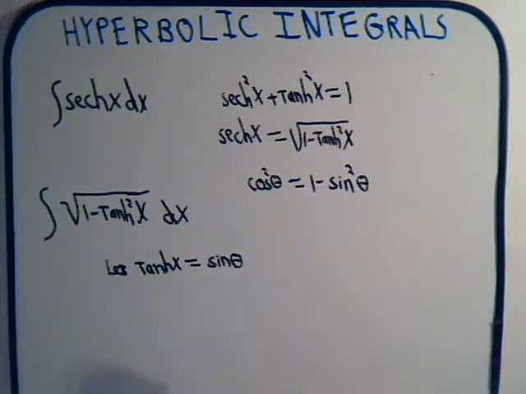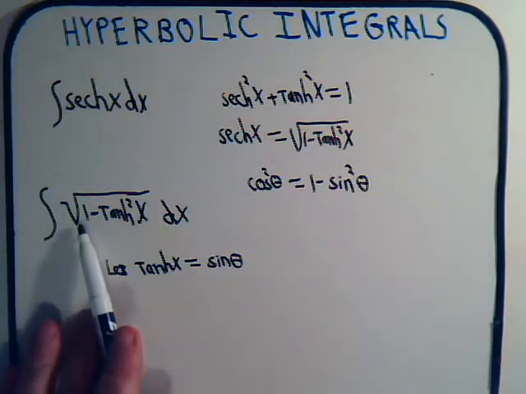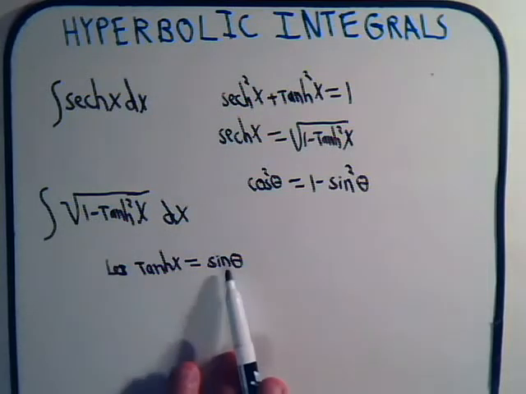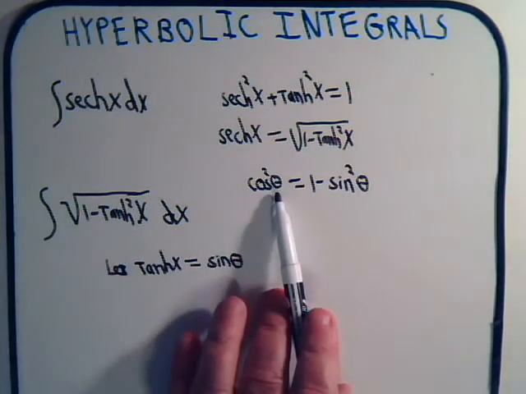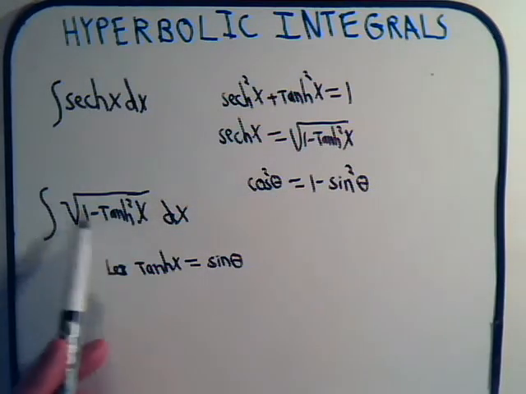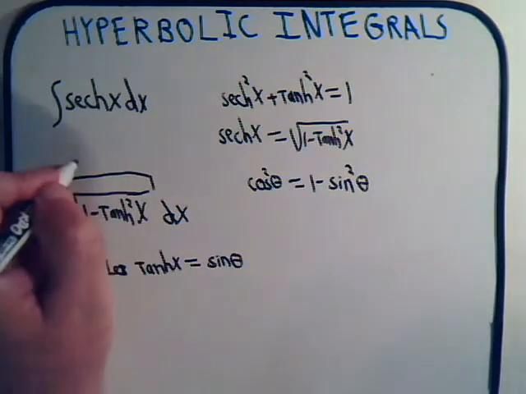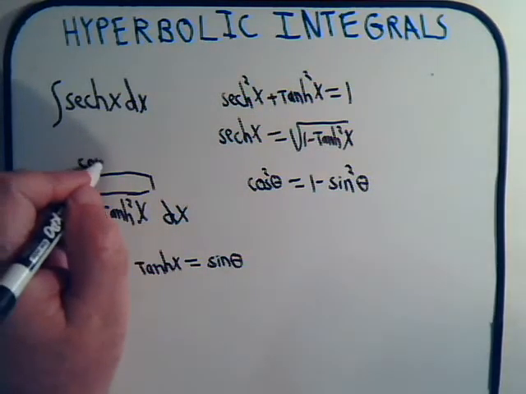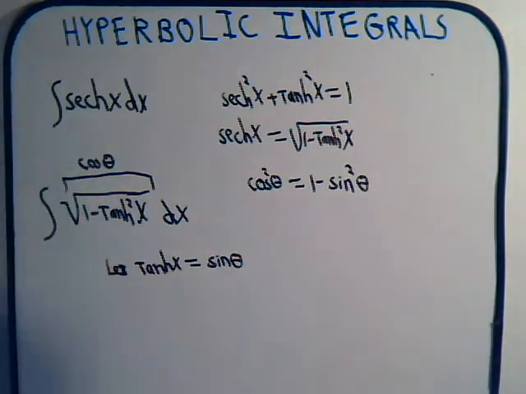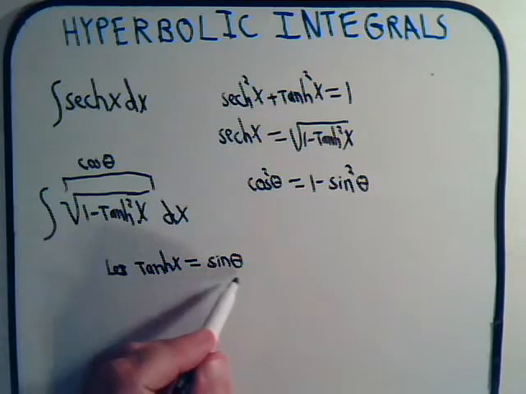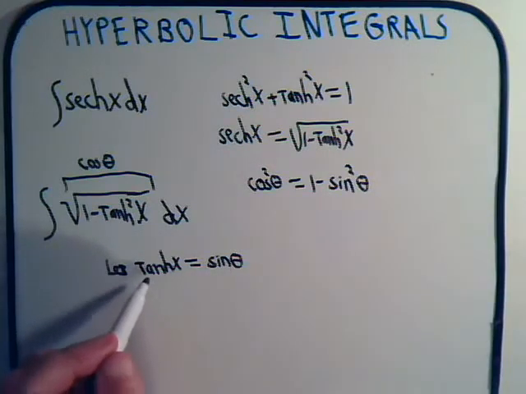Now if we do that, this would be 1 minus the sine squared of theta, which is the cosine squared of theta, and we're taking the square root of that. So this becomes the cosine of theta. Now what about the dx part? Well, let's take differentials here.